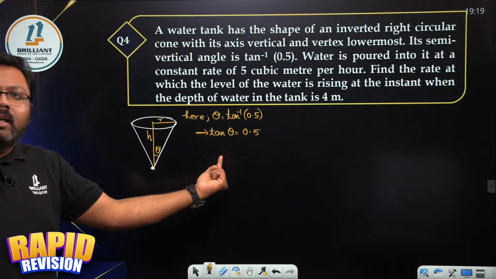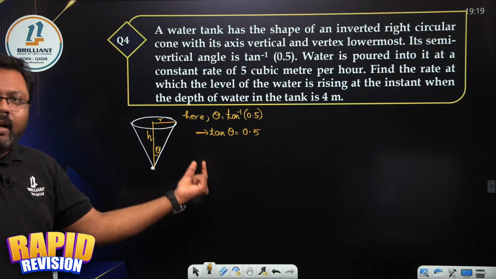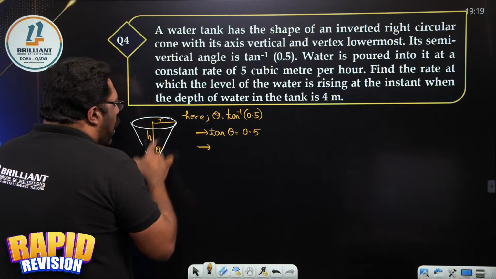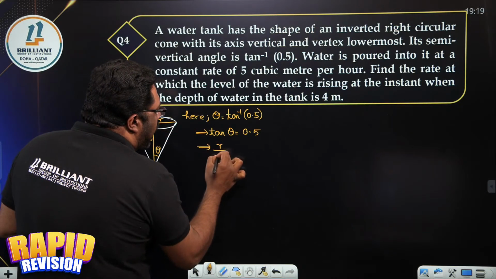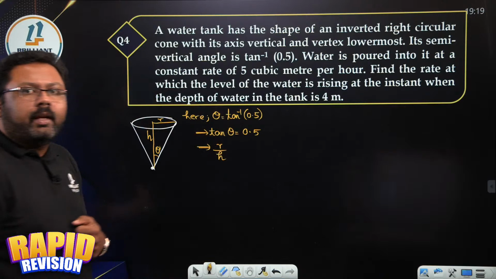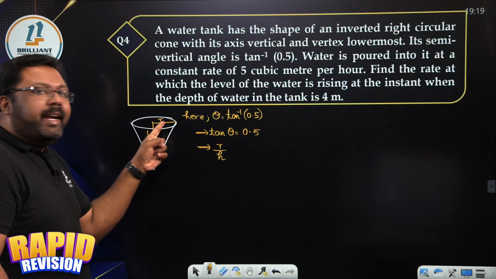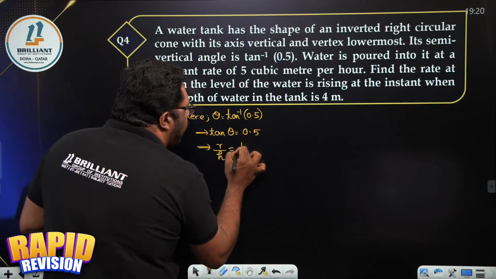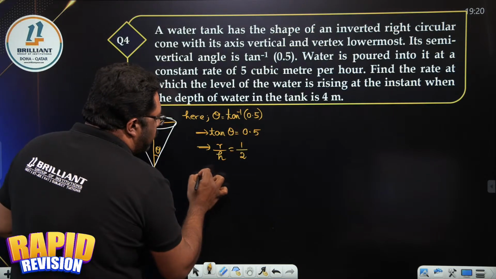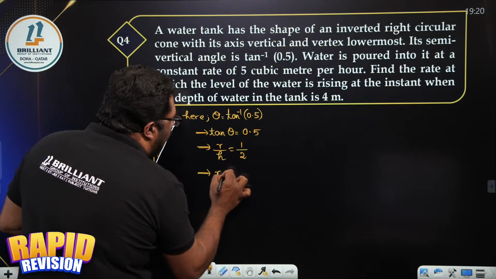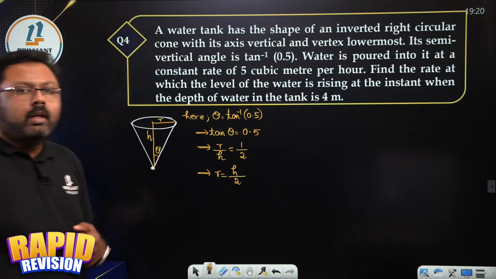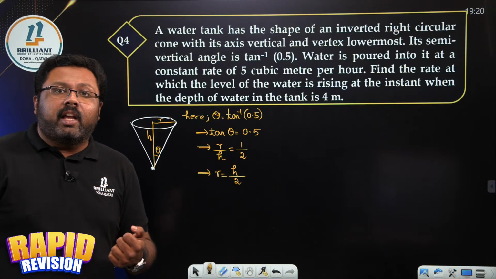According to 10th standard trigonometry and the relation in triangles, tan theta is opposite side by adjacent side. Opposite side R, adjacent side H, equal to 0.5 is 1 by 2. That implies R equal to H by 2.